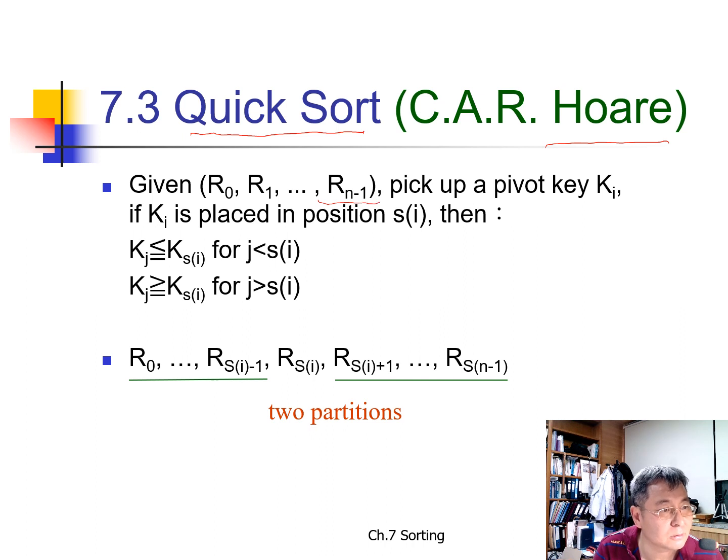N records are given. Then we can pick a pivot key value Ki, and Ki is placed in position Si.